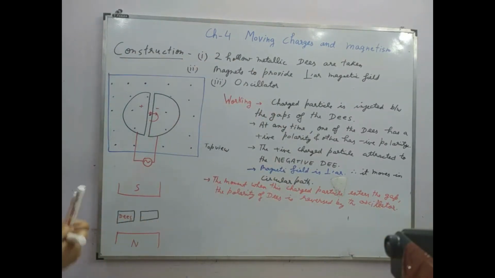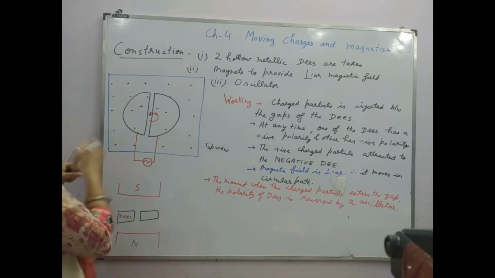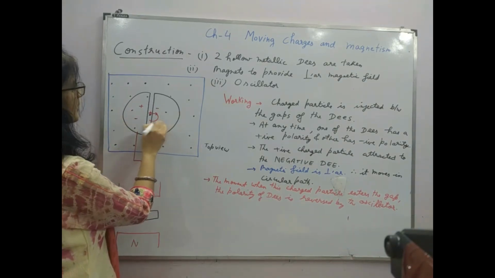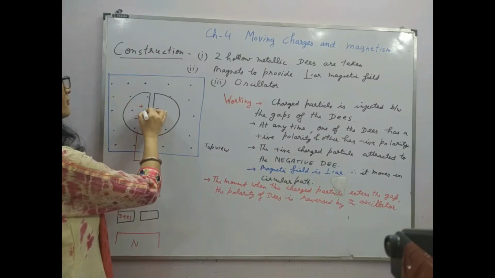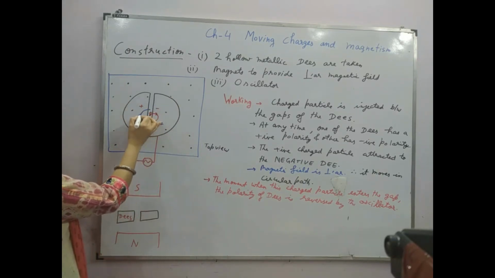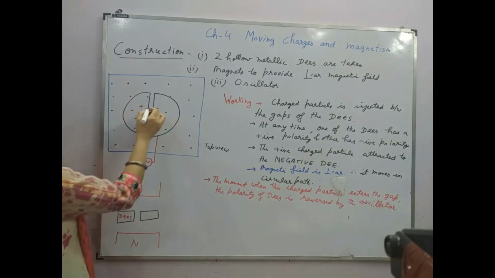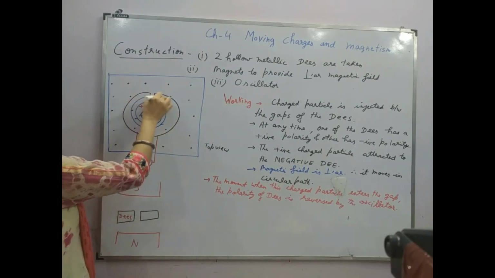So what will happen now? Now this one is negative, this one is positive, so it will move in this one. The next time it will complete. Again when it enters this gap, the polarity is reversed, so it will follow a path like this.